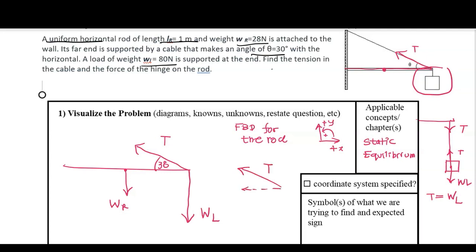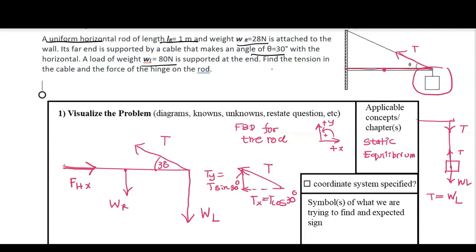Okay, so now if you resolve the tension force from the cable acting on the rod into two components, you have one along the x-axis and the other along the y-axis. The x component is the cosine term, the y component is the sine term. And then there is another force from the hinge point. You have the x component of the hinge force.